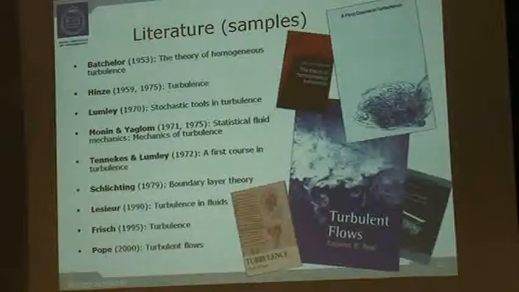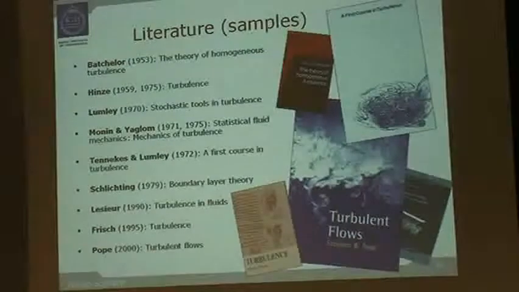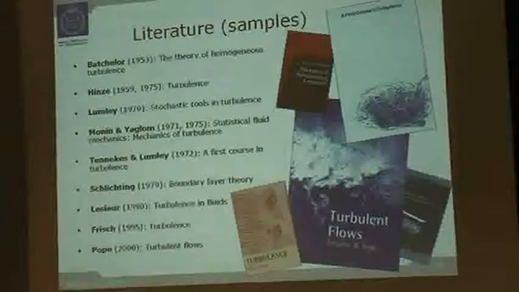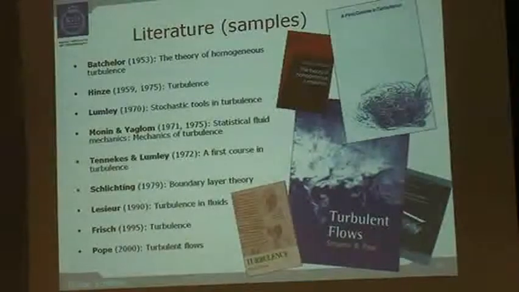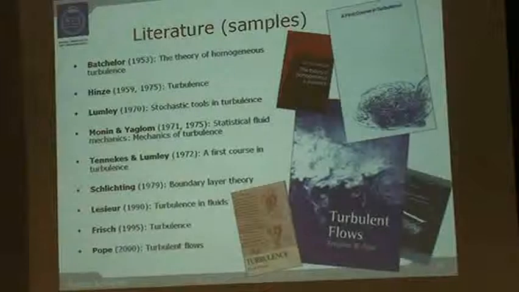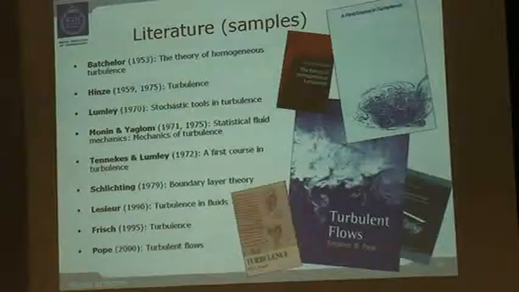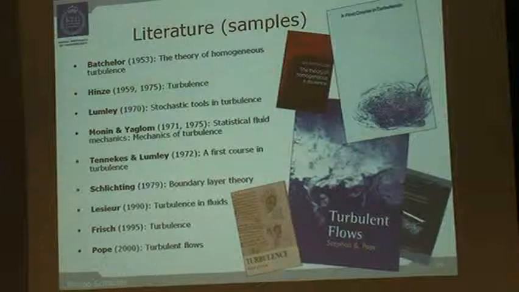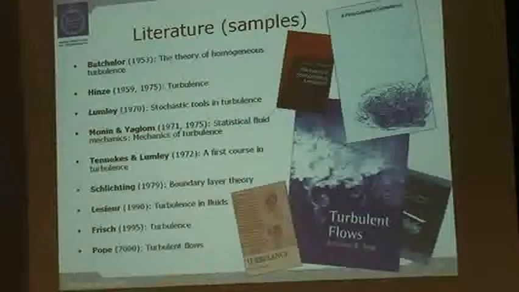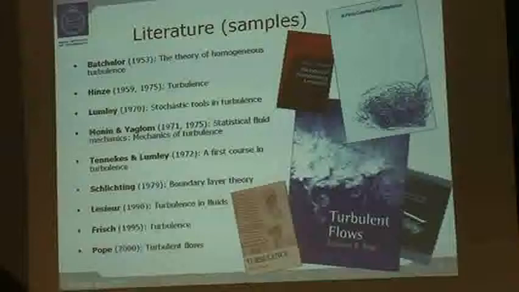Then the last book here, which probably you all know, is the textbook by Stephen Pope about turbulent flows, also treating everything from free flows to wall-bounded flow, and about modeling. This has really become a standard book in turbulence. So please have a look in these books afterwards.